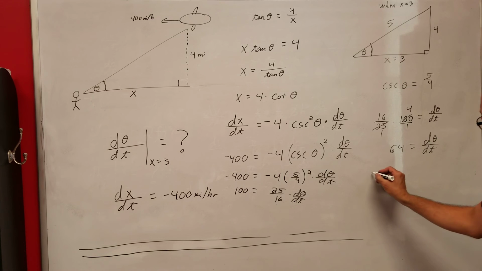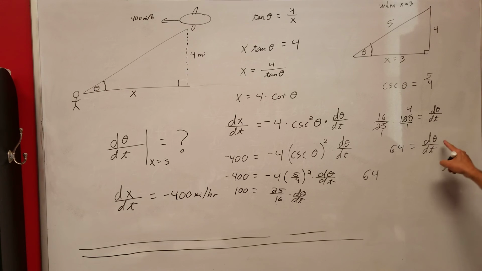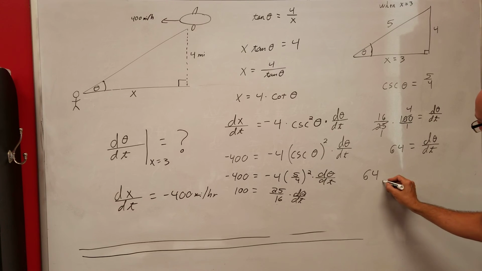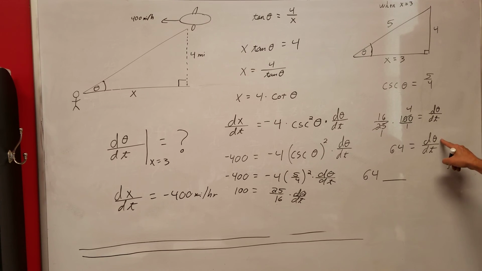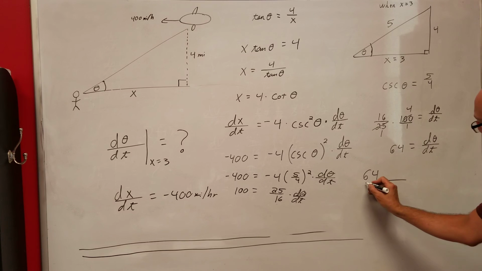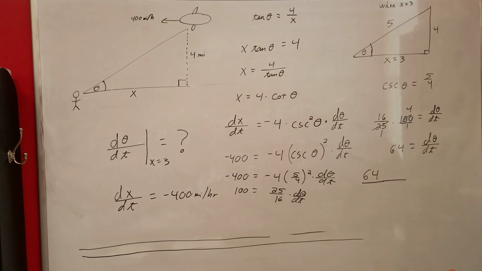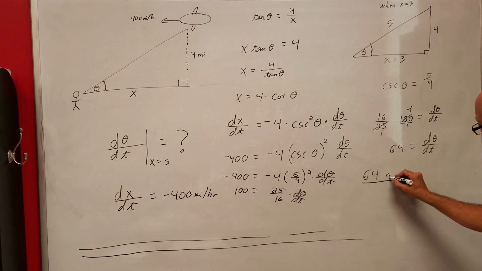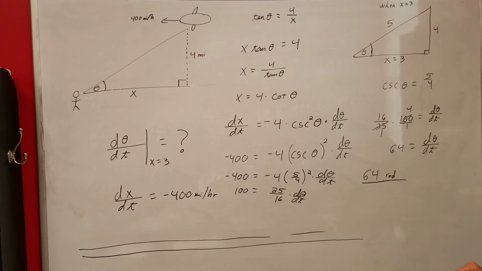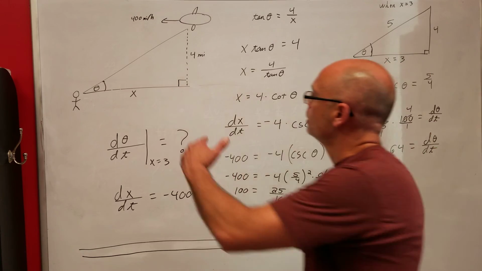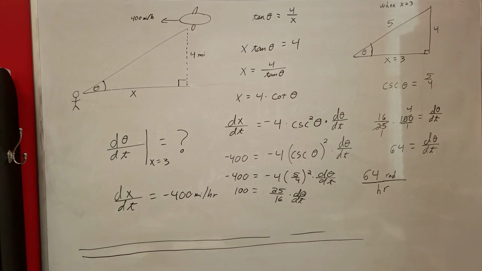Now, what do I have here? I have 64 what? Change in theta with respect to time, so units of theta over units of time. What are my units of theta? Remember, anytime in calculus, unless it says otherwise, we're in radians, not degrees. What's my time in here? Hours, right? So I have 64 radians per hour is how this angle's changing. But look back at your problem.